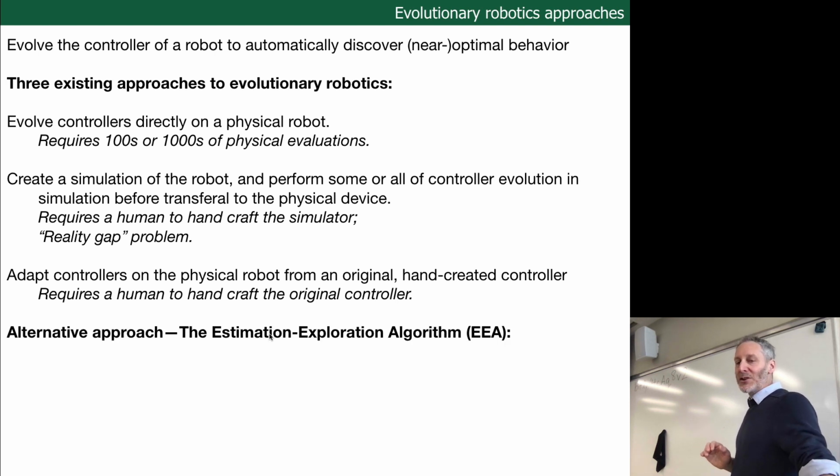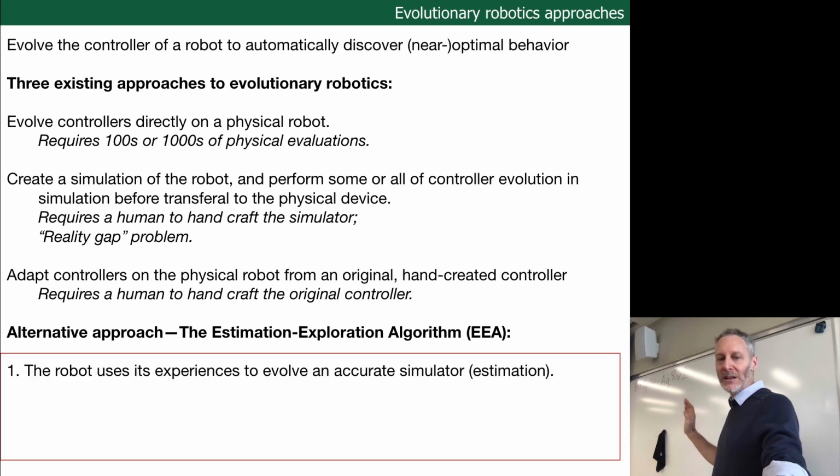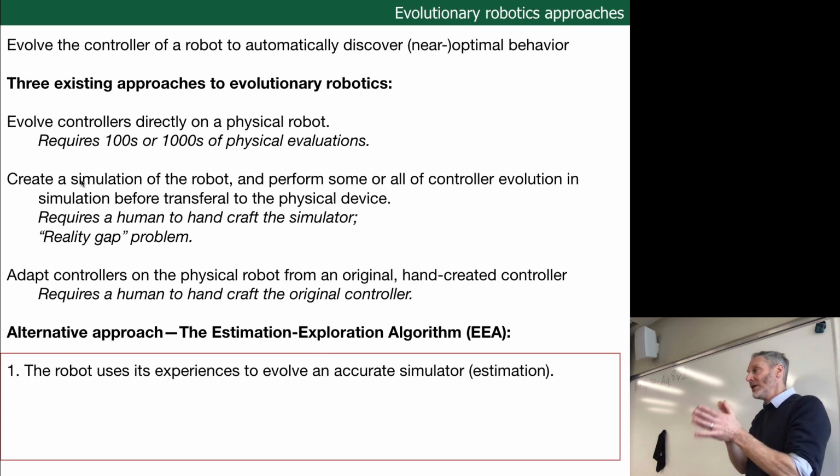We used to call it the estimation exploration algorithm. It's a mouthful and kind of boring and it doesn't really capture what it does, so you can skip over that.